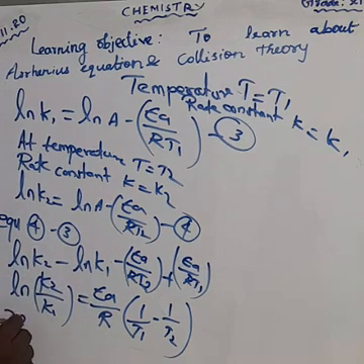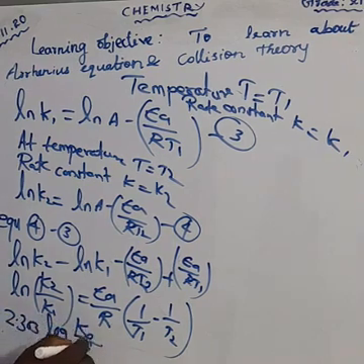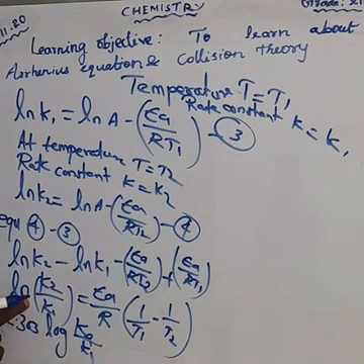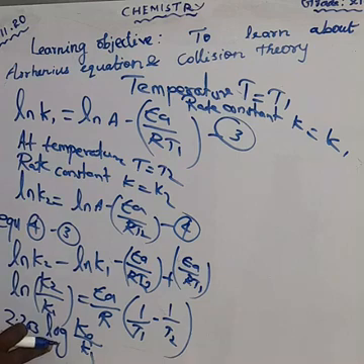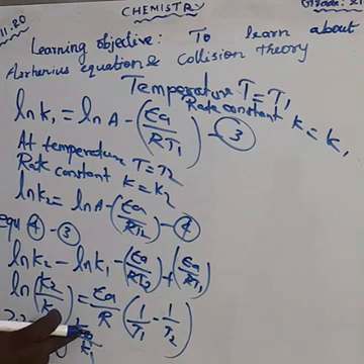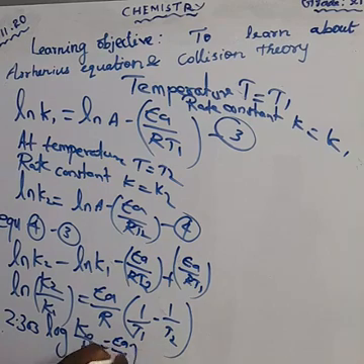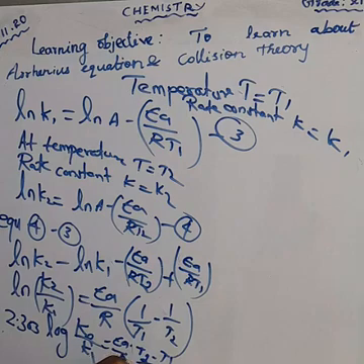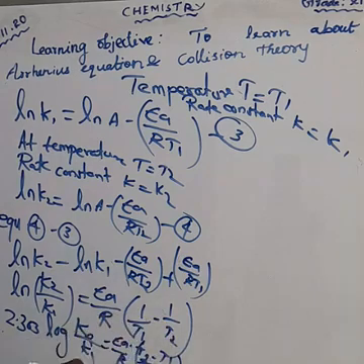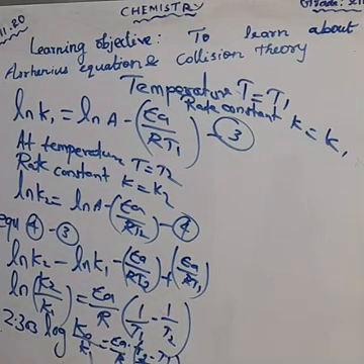So 2.303 log K2 by K1 is equal to EA by R, and by cross multiplication, T2 minus T1 divided by T1 T2. Clear?